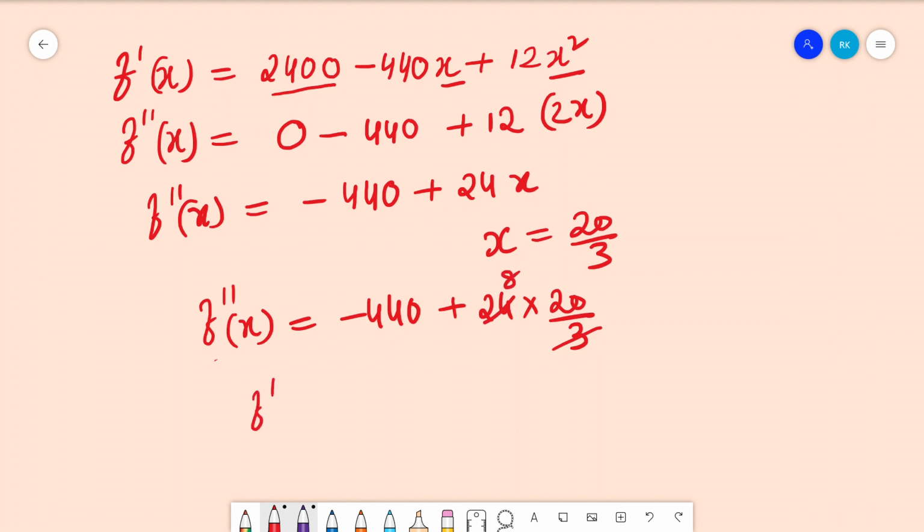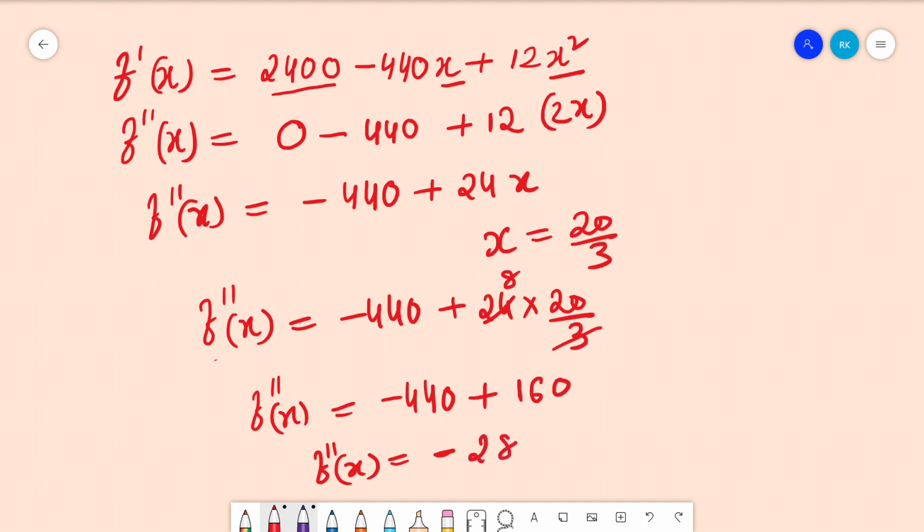3 8s are 24, 8 into 20 is 160. So f double dash x is equal to minus 440 plus 160, which is nothing but minus 280. So f double dash x is less than 0.